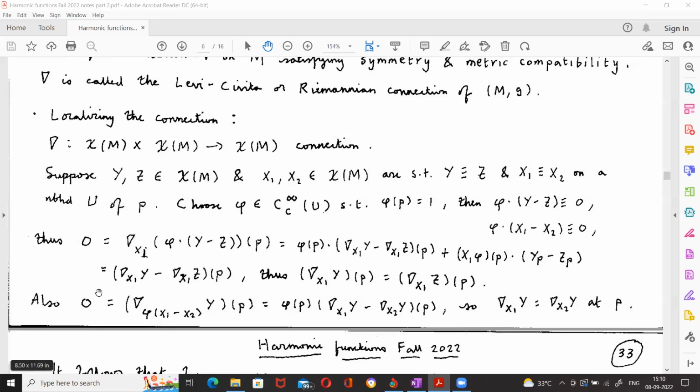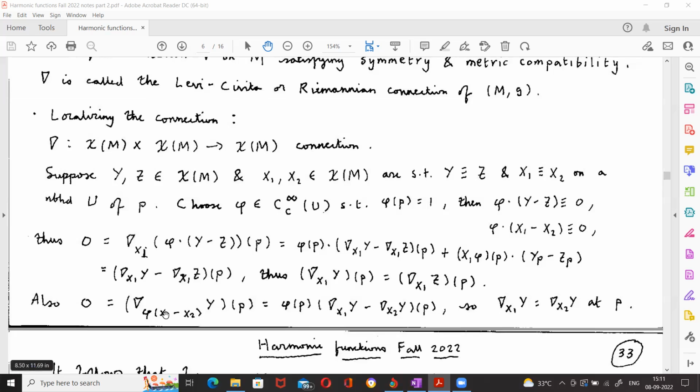Similarly, to show that nabla does not change when I go from x1 to x2, I look at nabla sub phi times (x1 minus x2) applied to y. Now, phi times (x1 minus x2) is identically 0 on the manifold, and nabla is linear in the first variable as well, so this is also 0. By linearity with respect to C infinity of M, this becomes phi(p) times nabla x1 minus x2 of y.